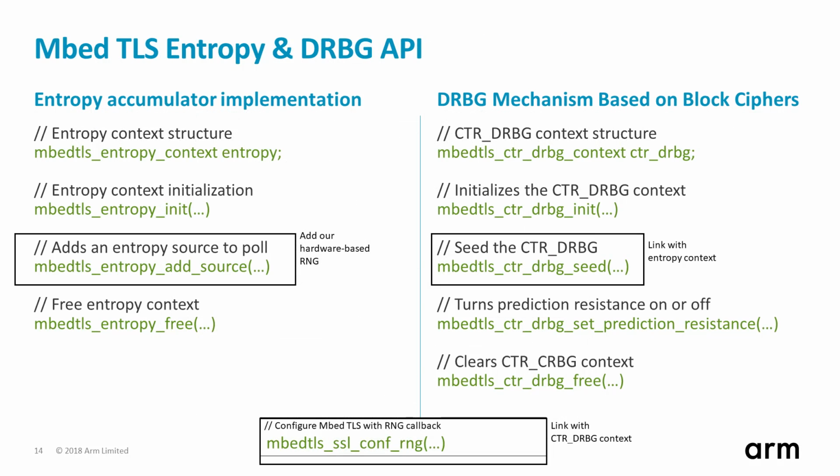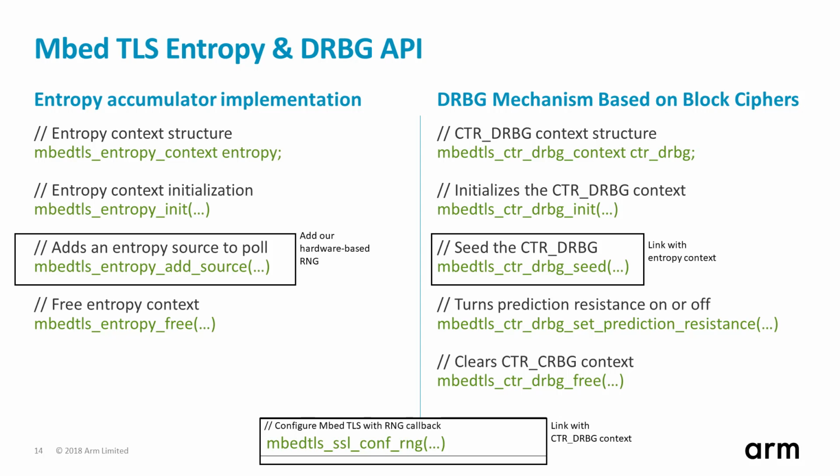This is a pretty complicated slide, but it tries to provide an overview of the connection between the entropy accumulator and the DRBG implementation based on a block cipher. Let's start with the left-hand side. The mbedtls_entropy_context is the data structure that the entropy accumulator uses, and it's used in all the function calls as well.